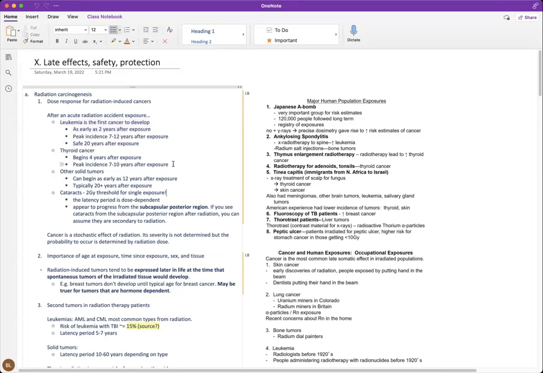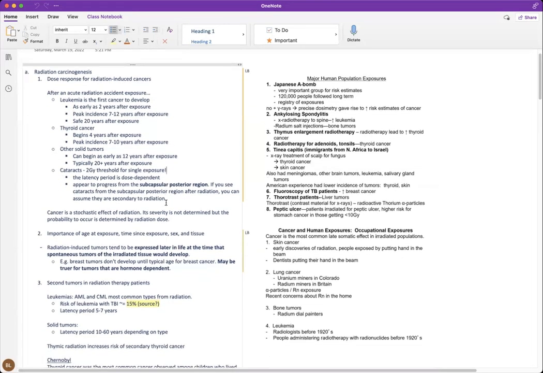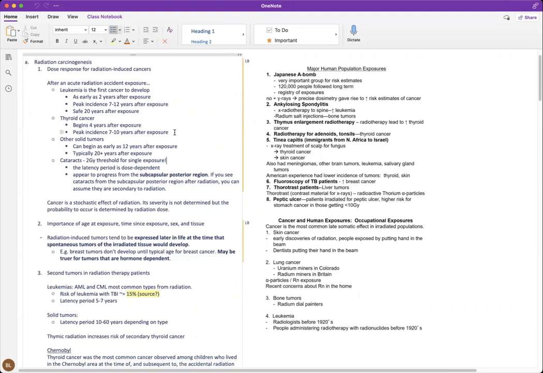And I guess if you were to be doing treatment near the thyroid, in theory, they might have a chance of getting thyroid cancer sooner compared to other kinds of cancers.